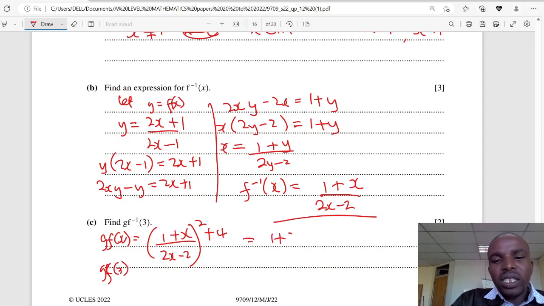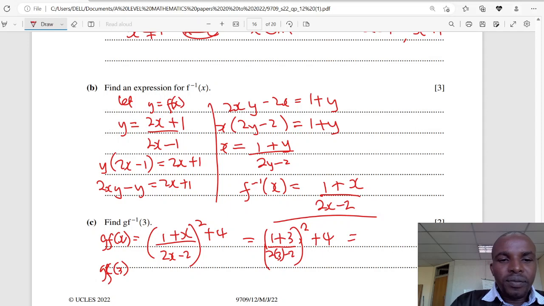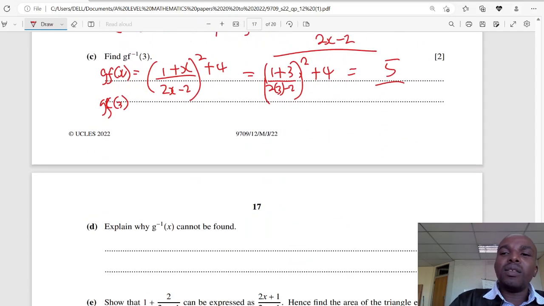So it will be ((1 plus 3) over (2 times 3 minus 2)) squared plus 4. So 1 plus 3 is 4. 2 times 3 is 6. 6 minus 2 is 4. 4 over 4 is 1. 1 squared is 1. Plus 4 is 5. Done.